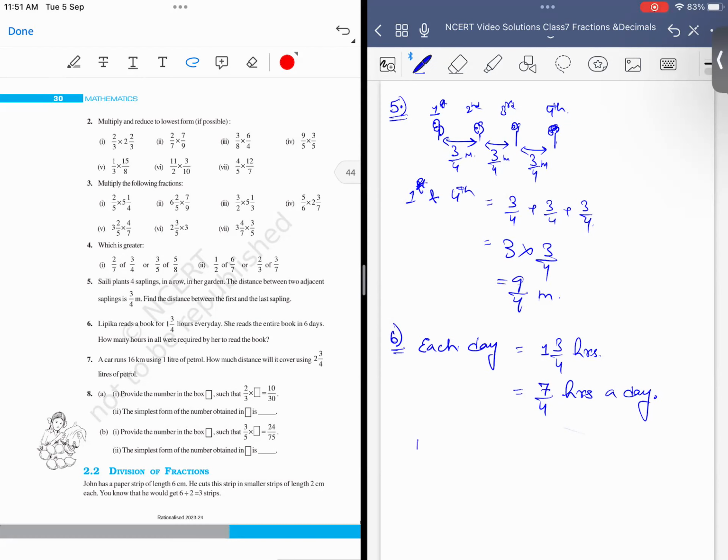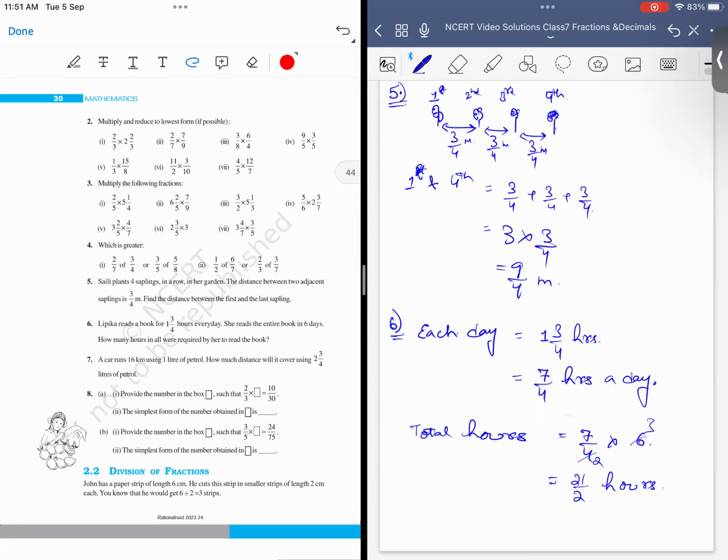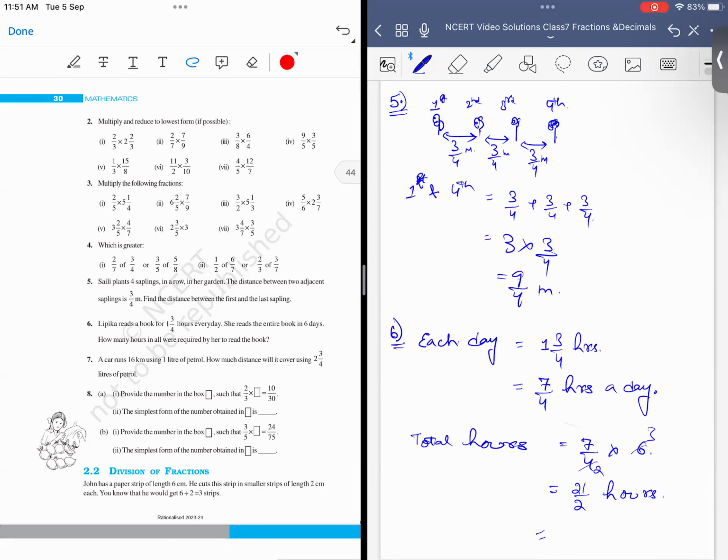So the total hours is 7 by 4 into 6. Factor out 2 and 2. That is 21 by 2 hours. You can convert it to mixed form also. That will be 10 1 by 2 hours.